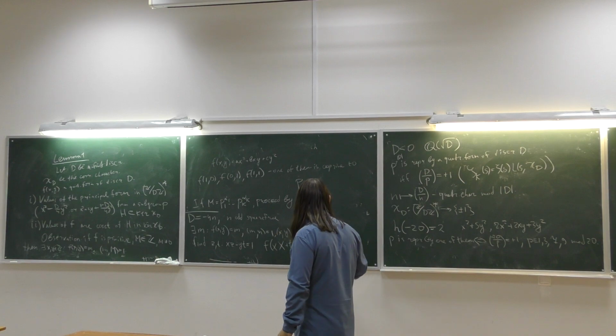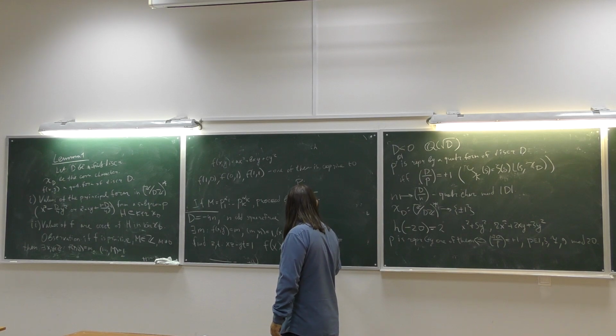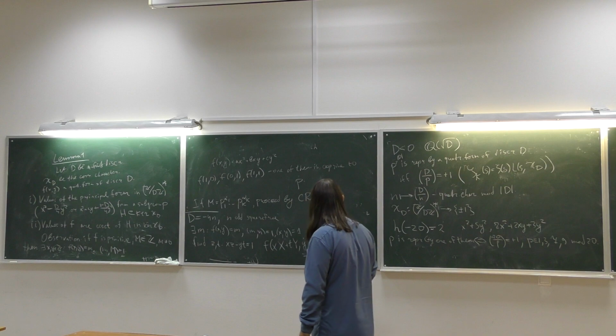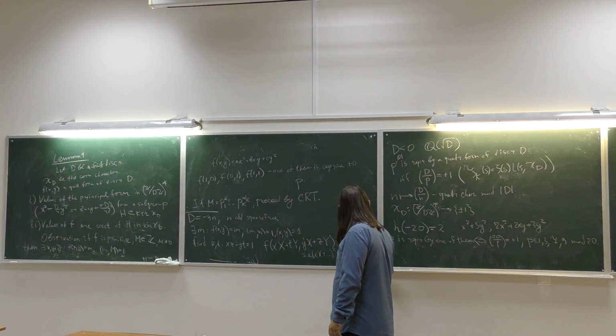Right? But it is also equal to a(x capital X plus and so on) squared plus b(x capital X plus and so on)(y capital X plus and so on) plus c(y capital X plus and so on) squared.